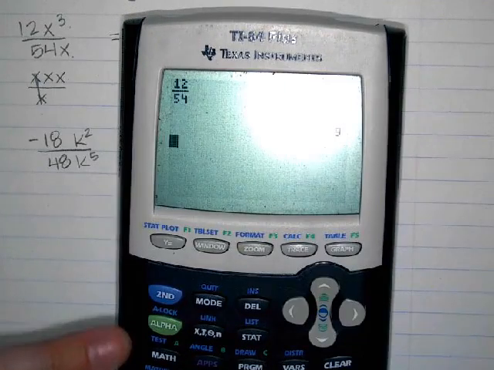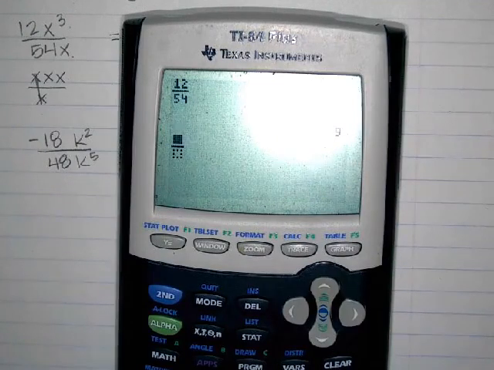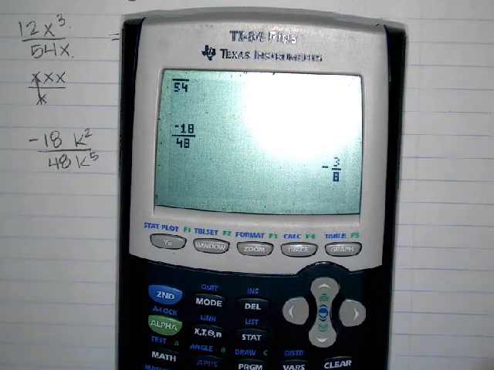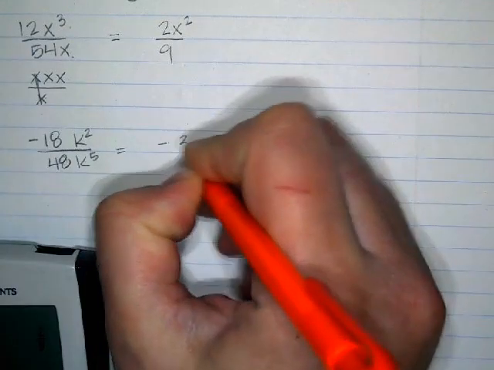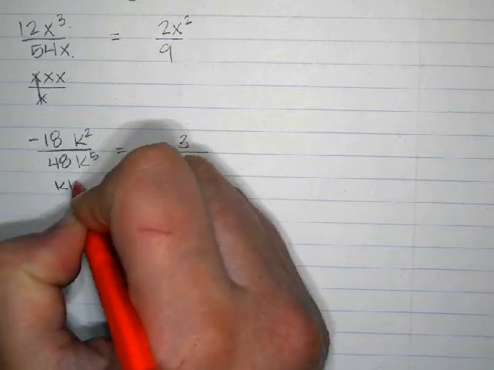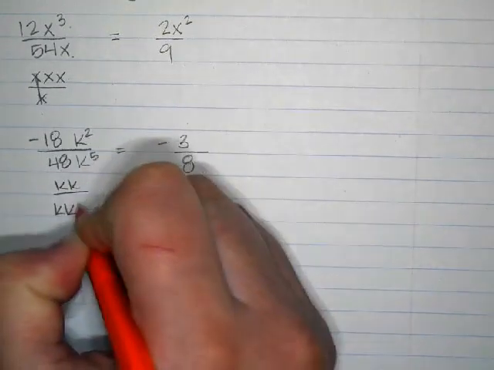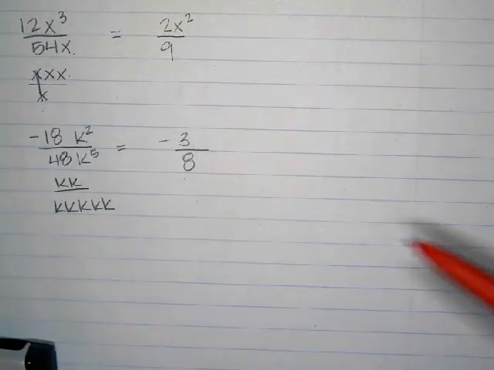I'm going to hit alpha y equals, press enter, and I'll type negative 18 over 48 just to see what that fraction is. And what are you guys getting for your fraction? Negative 3/8, okay, perfect. And then we're going to do 2 k's over 5 k's, okay. And then what do we do next?